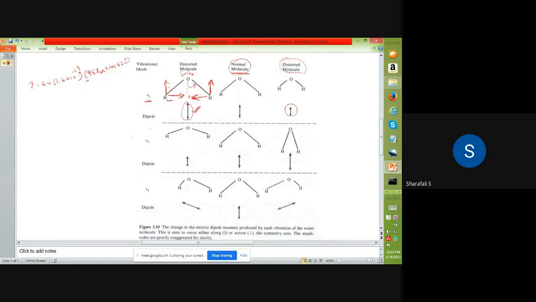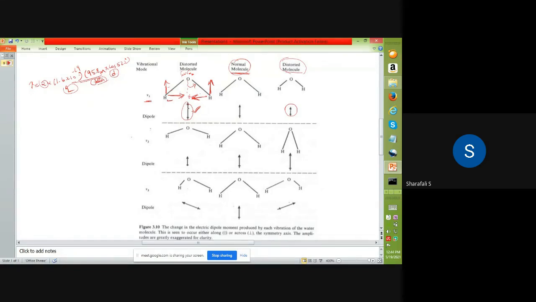Along with this, we also have to consider the 35% ionicity of the hydrogen for this atomic pair. This is the normal expression, Q times the separation between the charges. The 2 comes from the two oxygen-hydrogen pairs. So this is how we calculate this dipole moment, but you don't have to go into detail on these things.